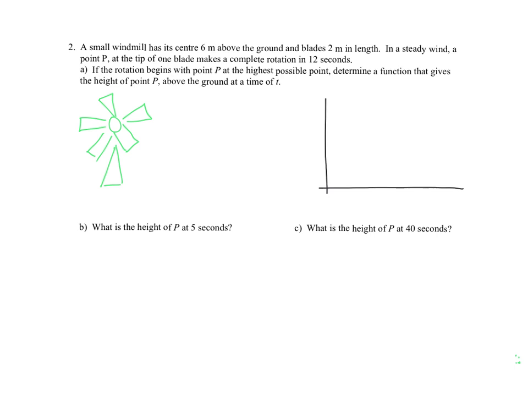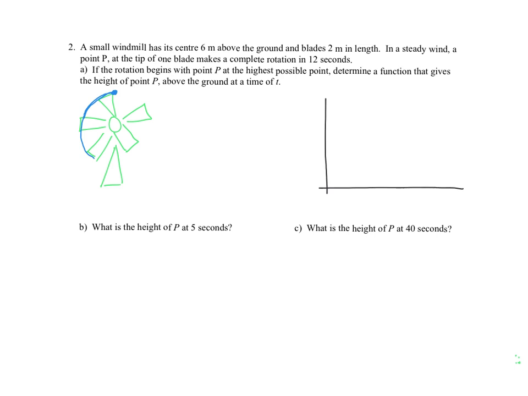A few things to keep in mind. We have been told that point P is at the highest point and it's rotating. As we're rotating around that point P, we're unraveling that circle that we see.